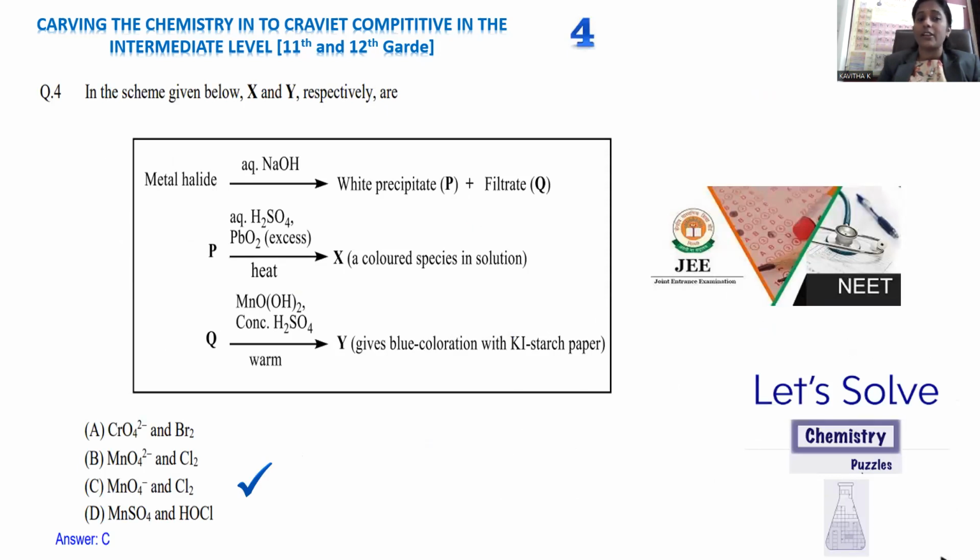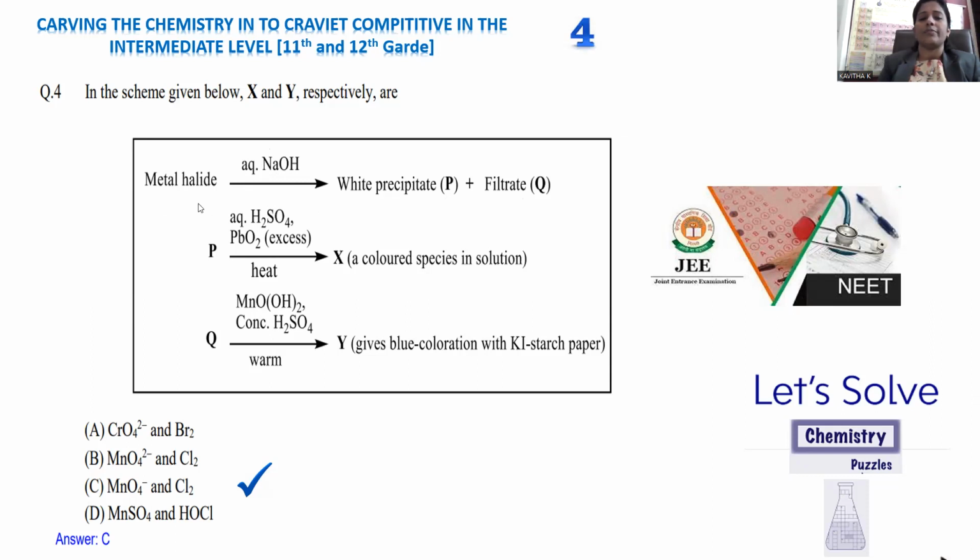the question given from inorganic chemistry. The starting material is unknown. Only an unknown compound is given, which is a metal halide. This metal halide, upon treating with alkaline condition, that is aqueous sodium hydroxide, gives a white precipitate and a filtrate.